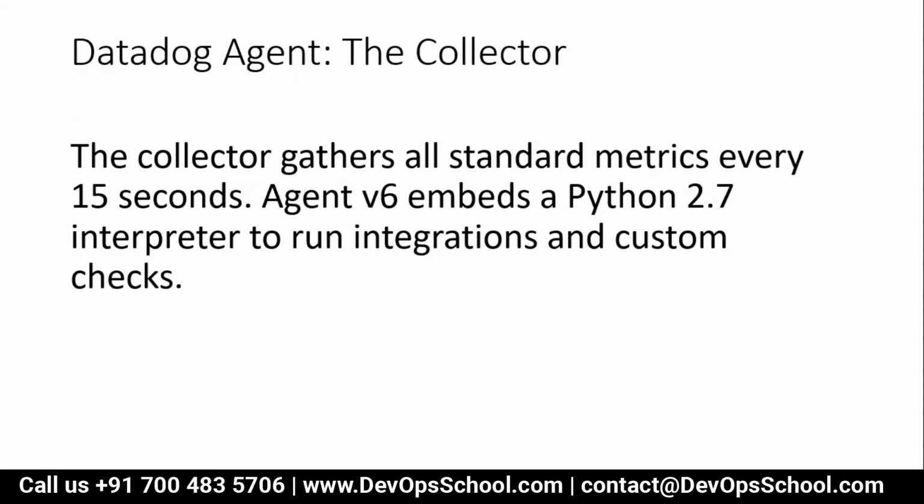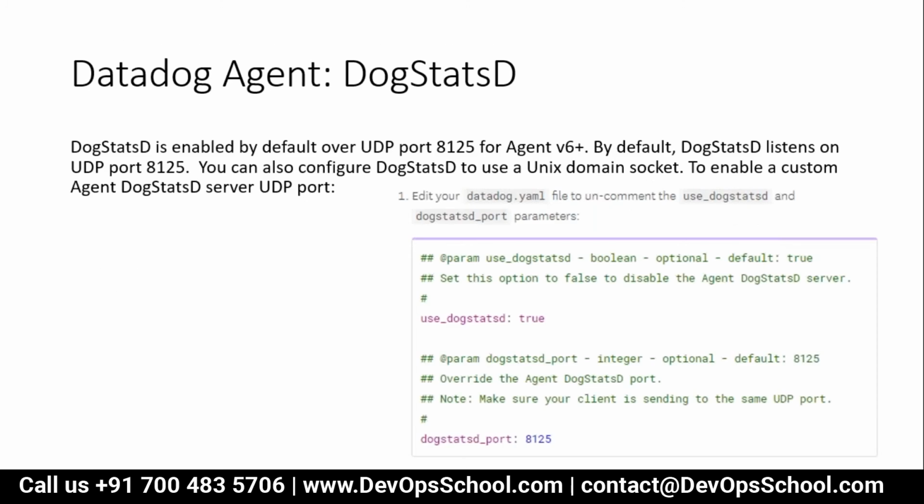Now the question is, what is DogStatsD? So guys, DogStatsD basically will help you send the data for which you don't have any inbuilt tool. Which data? Your application data, the application which you are running in your system.